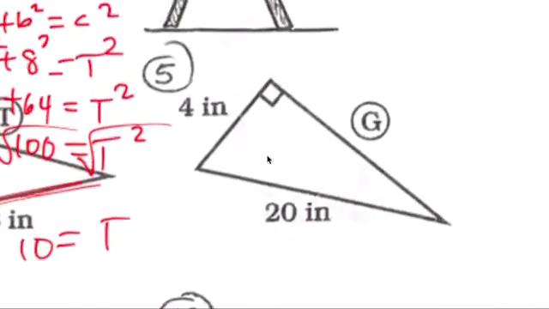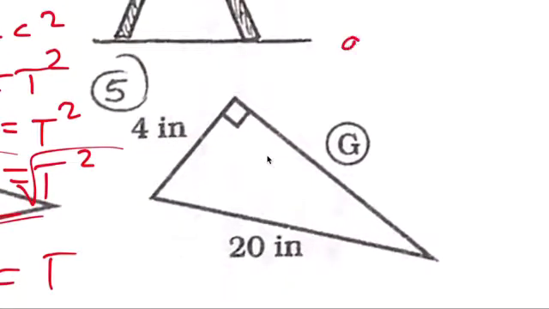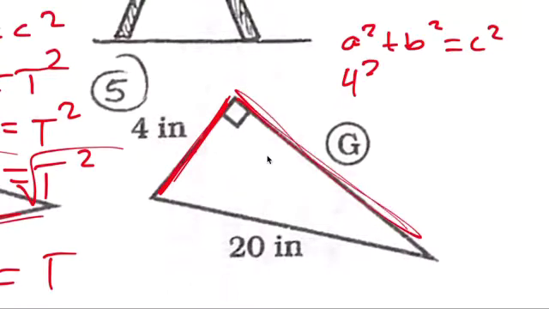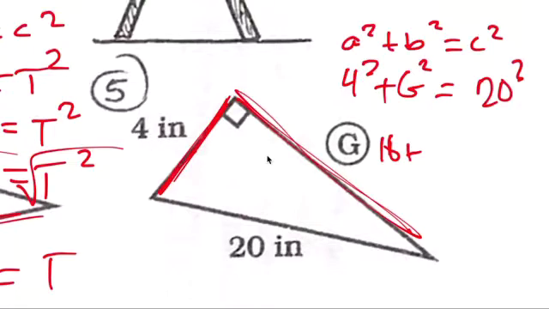And 5, same thing. A squared plus b squared equals c squared. A is the 4, b is the g, and c is 20. 16 plus g squared equals 400, minus 16.